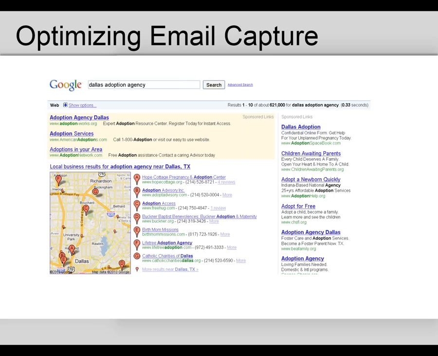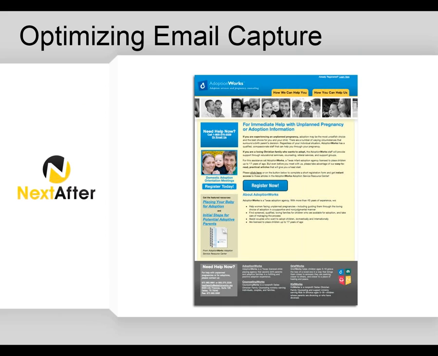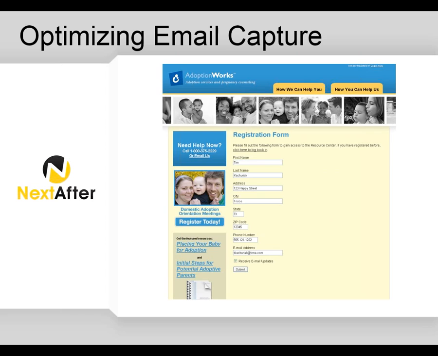If you need immediate help with an unplanned pregnancy or adoption information, you can register here to access our Adoption Resource Center. So they fill out some information and they can opt in to receive email communication, and they get access to all of this cool stuff in this Adoption Works Resource Center. So it's a pretty interesting offer, an interesting way of providing something of value to the audience when they arrive at the website.